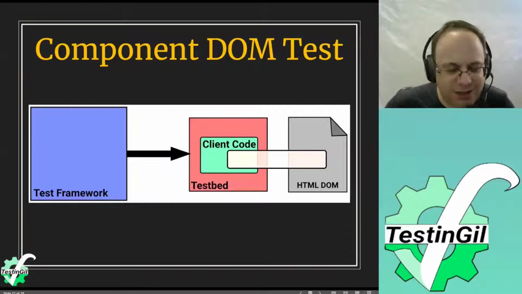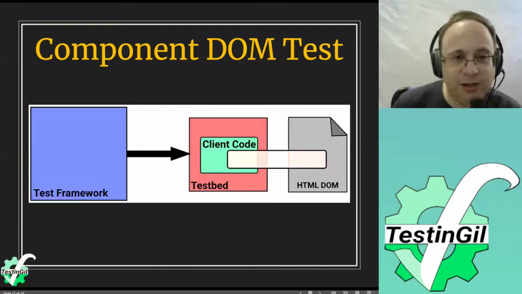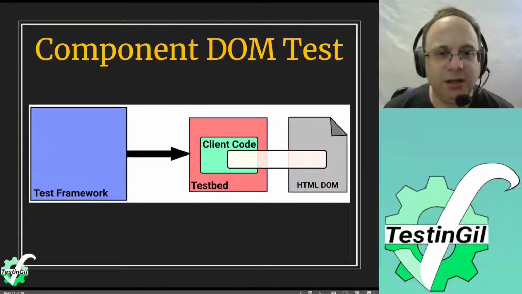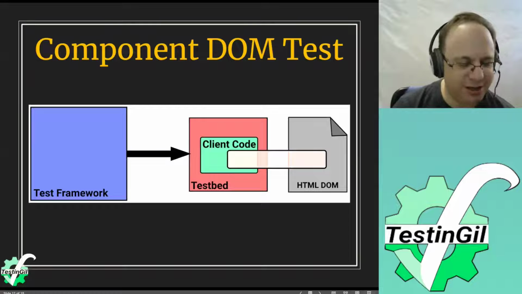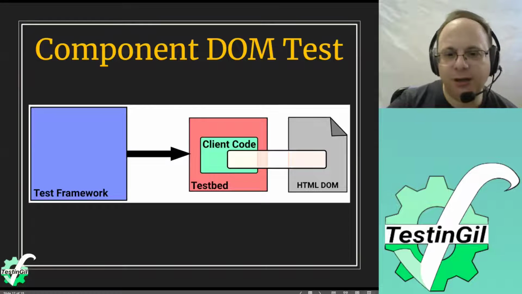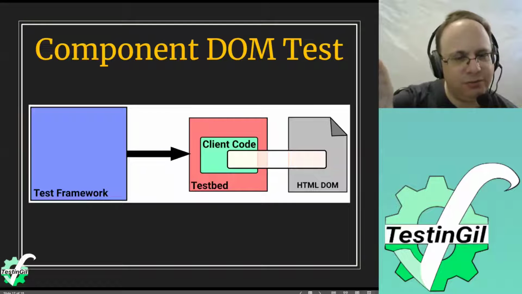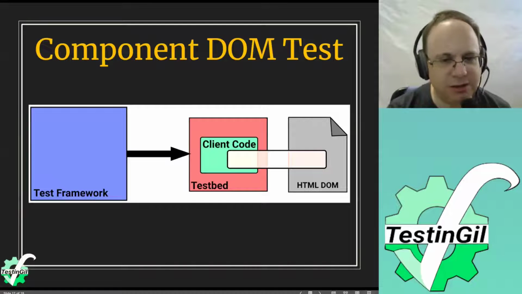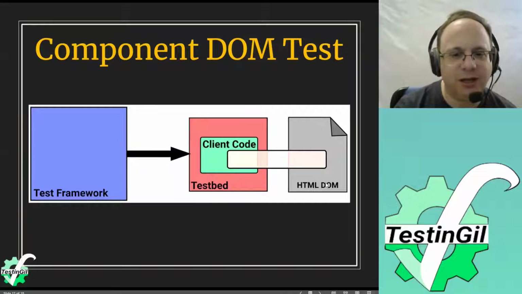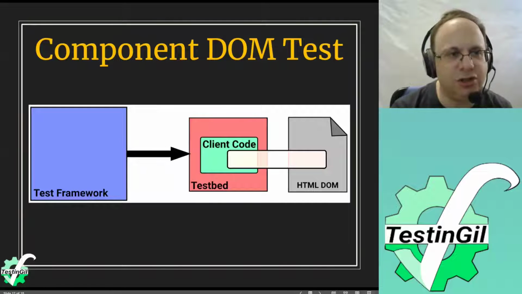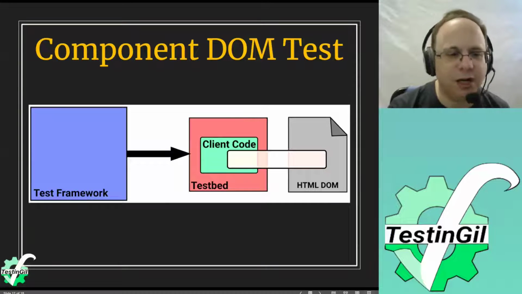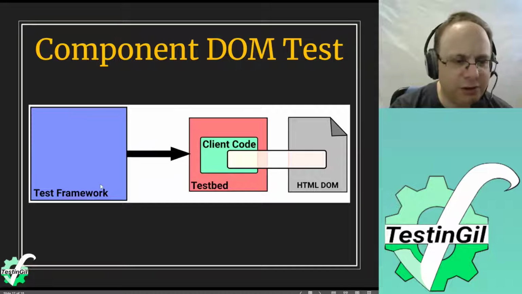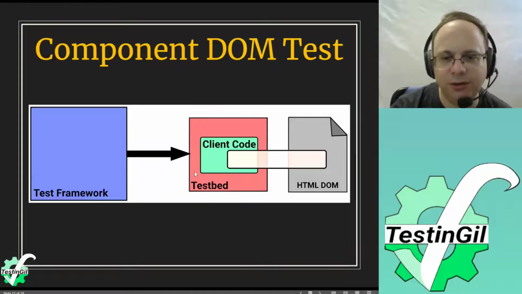And whenever you're using a testing library, this is what it does. It loads and transpiles the React code, in our case, into JavaScript and DOM, and creates a page that contains that. And we check that this translation from React code to HTML and JavaScript works correctly based on what we actually want. So the test framework will create a test bed and load the component into that.